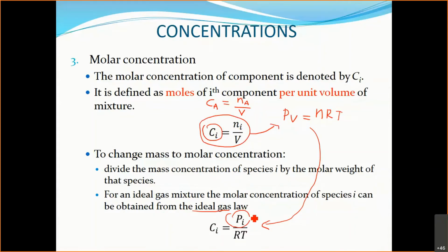Usually we are given the partial pressure of component A, partial pressure of component B, partial pressure of component C, and partial pressure of component D. By using this partial pressure, we can find the concentration of component A, B, C, or D. That is why it is important for you to know how to relate this general equation of concentration with the ideal gas law, in order to get this equation related to the concentration of the gas.